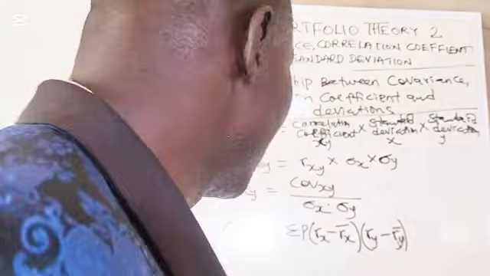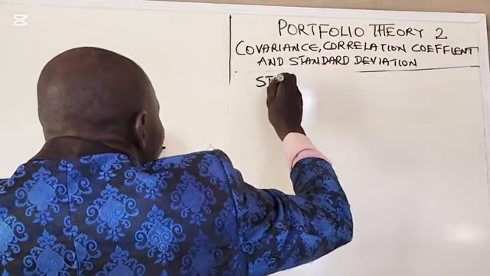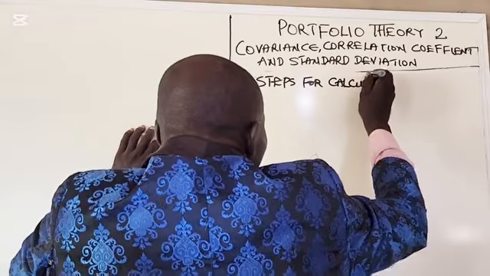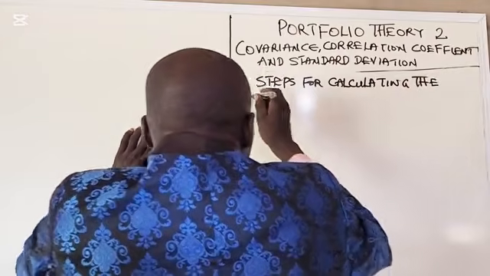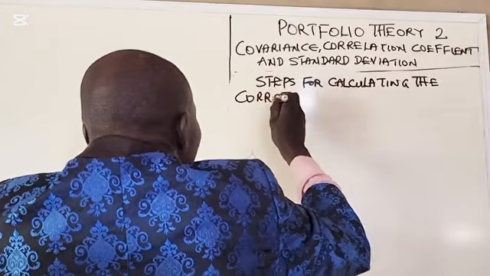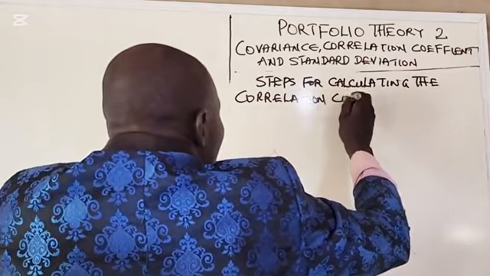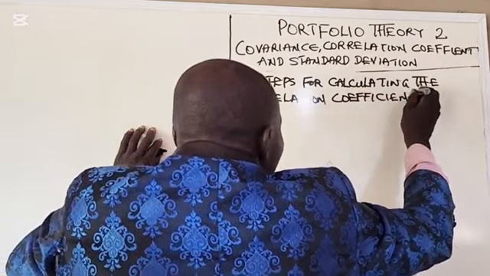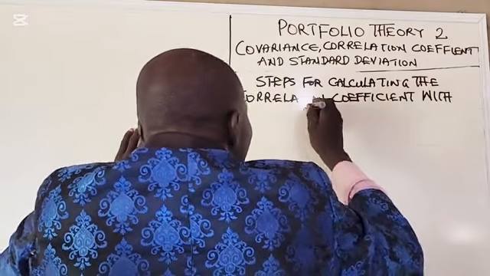So we want to examine the steps for calculating correlation coefficient where there is probability.